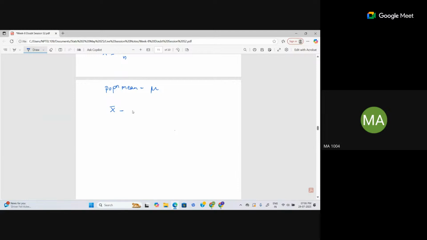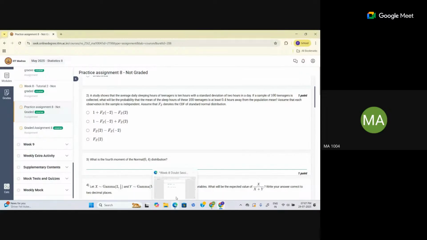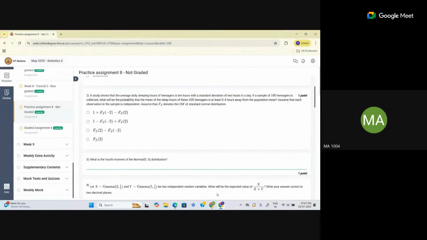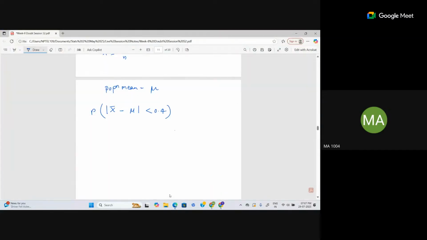So this difference, x bar minus mu, is compared with 0.4. This probability you have to calculate.